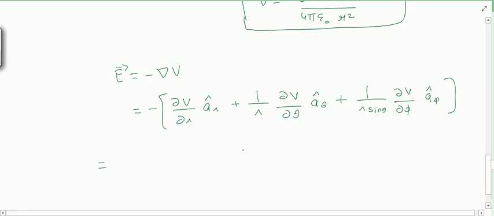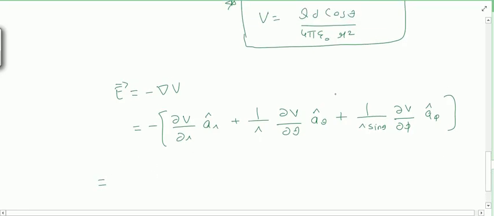Now I will apply this, so I will differentiate this expression with respect to r. Here q d cos theta and 4 pi epsilon are constant, 1 by r square differentiation will become minus 2 by r cube. So it will simply become q d cos theta divided by 4 pi epsilon naught r cube, and minus 2 will also come here, with a r cap.